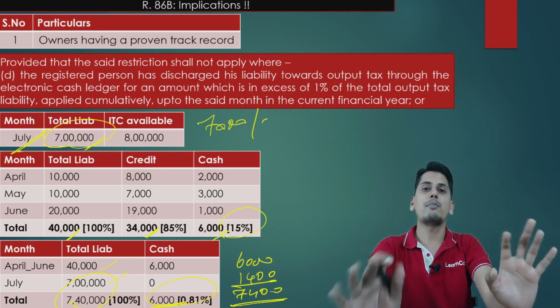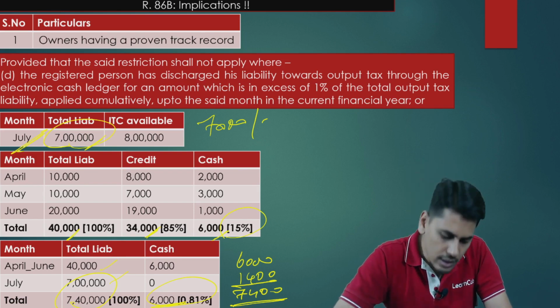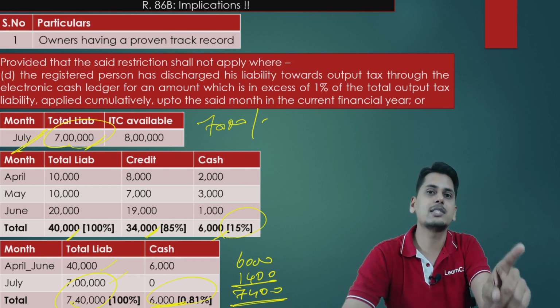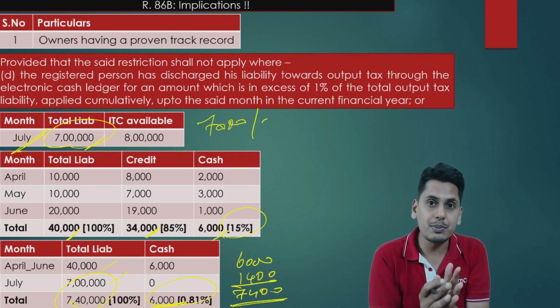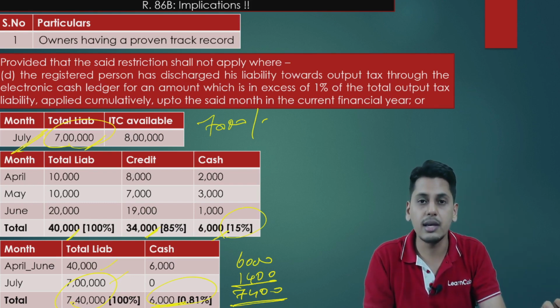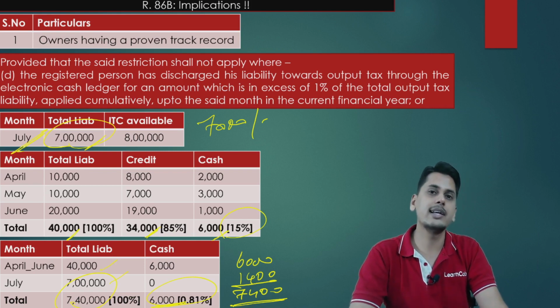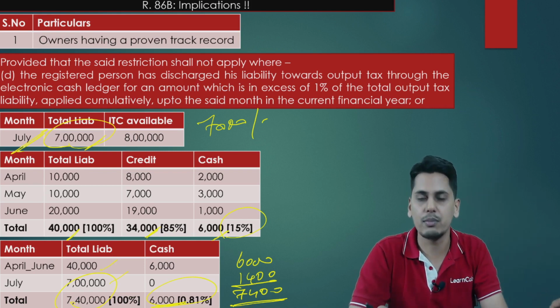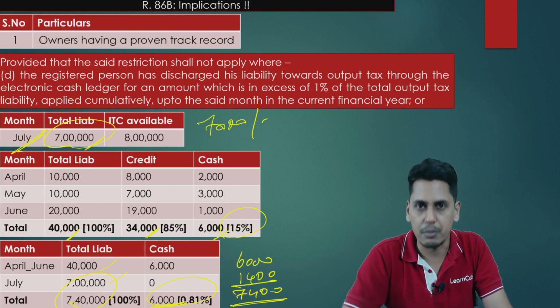I have complied with Rule 86B on a cumulative basis. So friends, the point is 86B needs to be complied on a cumulative basis for all the tax periods in a financial year. If cumulatively I am satisfying 1% of the total liability having been paid from the cash ledger, it is a sufficient compliance of Rule 86B.